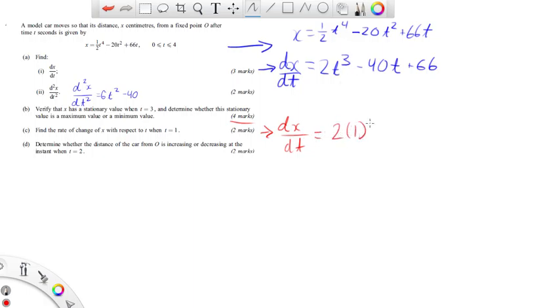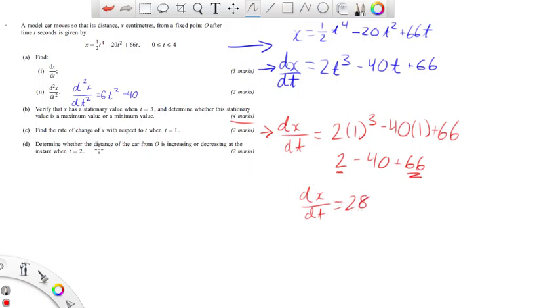So now we just have to plug in when t is equal to 1. So 1 cubed is 1, so 2 times 1 is 2, minus 40 plus 66. The 2 plus 66 is going to be 68. 68 minus 40 is going to give us 28.